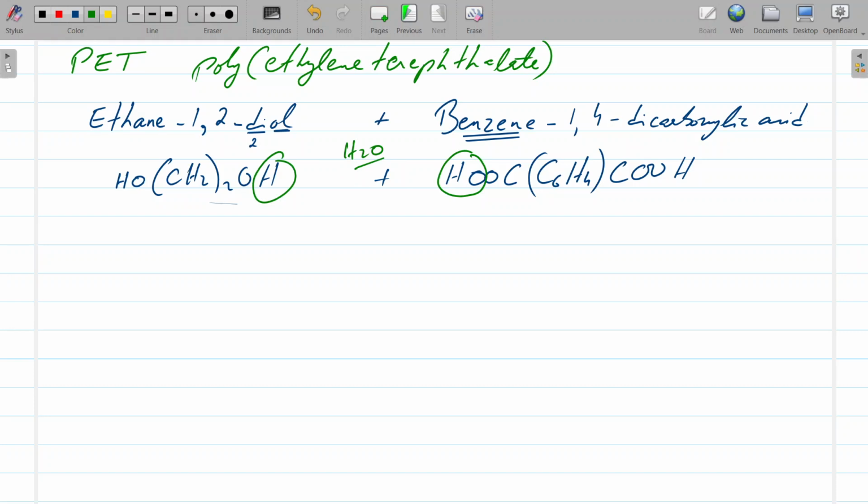And so what you're going to end up with is, again, you still have a functional group at one end of the diol, and you have an O, right? I'm going to write this as CO, and then the C6H4 and the COOH. Now, does this guy look familiar to you?